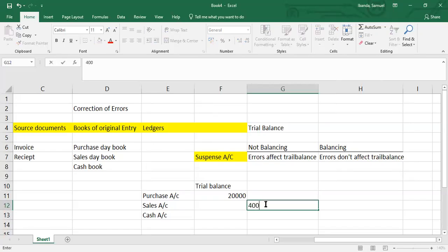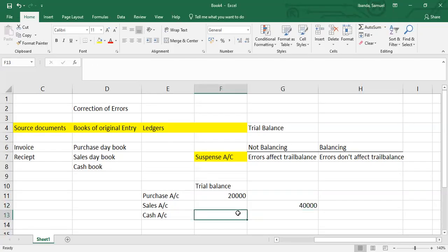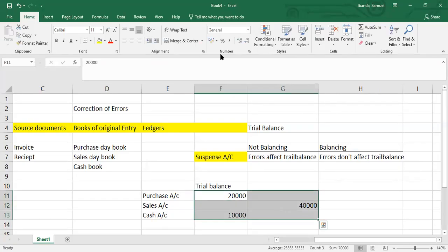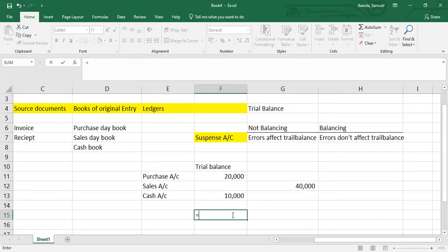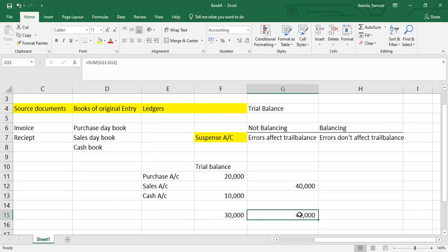This can be like 40K. And maybe this can be like 10K. Okay. Now, maybe this could be your summarized trial balance. Now, ideally, you expect that this trial balance would be able to add up on each side. But here you have 30, and then right here you have 40.